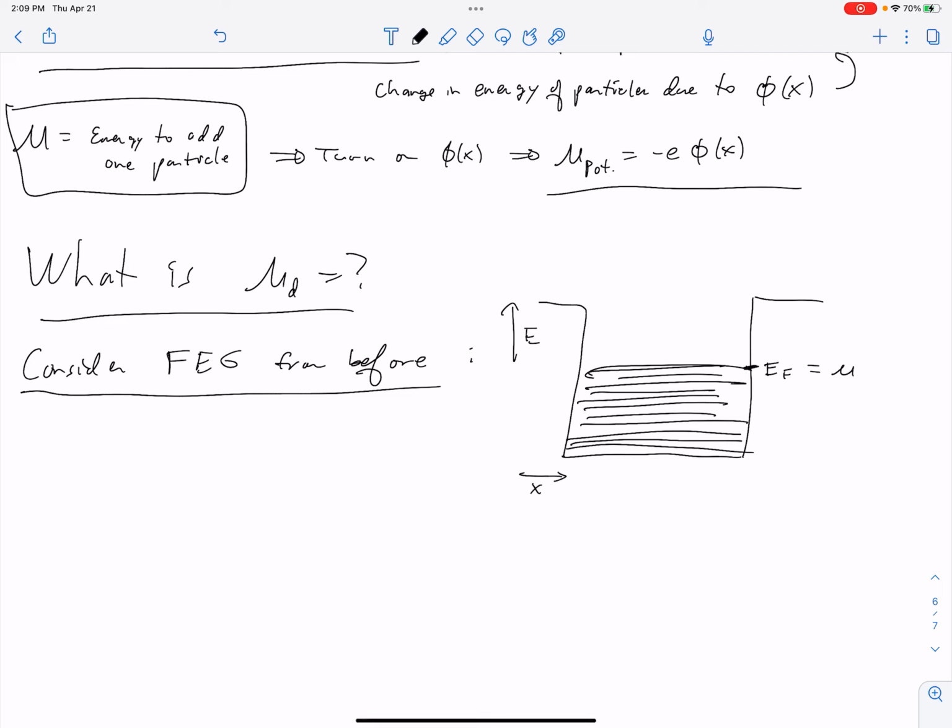And we even have a little formula for it, because we derived it. We know that EF is equal to h bar squared over 2m, 3 pi squared times the density of electrons to the 2/3 power. I'm not going to do the derivation of that again, but we did it in class. You guys all did it.